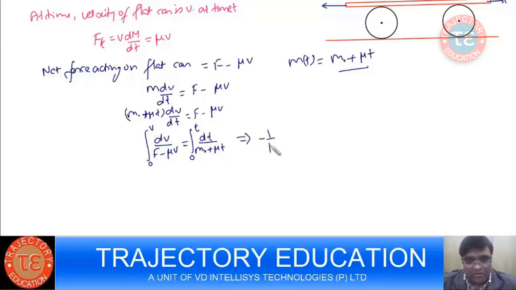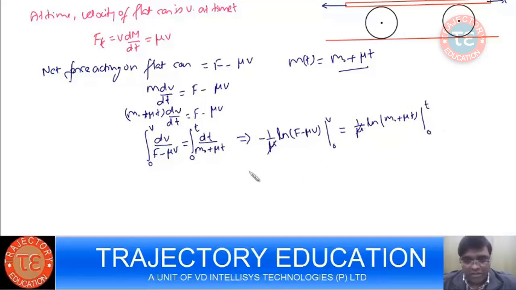So that comes out to be minus 1 upon mu log of F minus mu v, from 0 to v, equals 1 upon mu log of m0 plus mu t, from 0 to t.